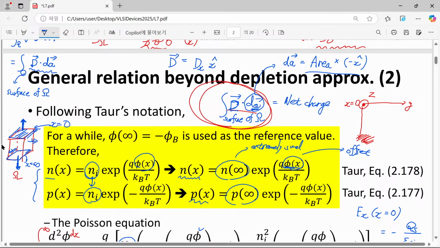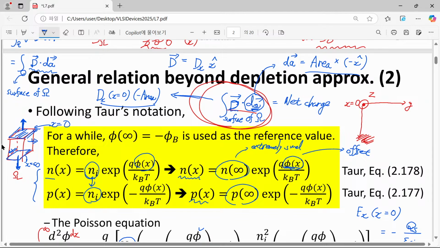So what we can say is, although we have quite a complicated equation at first glance, it can be written down in this way: evaluated at x equal to 0, multiplied by minus area. That's it for our surface integration. We had 6 faces, but 5 of them are meaningless.